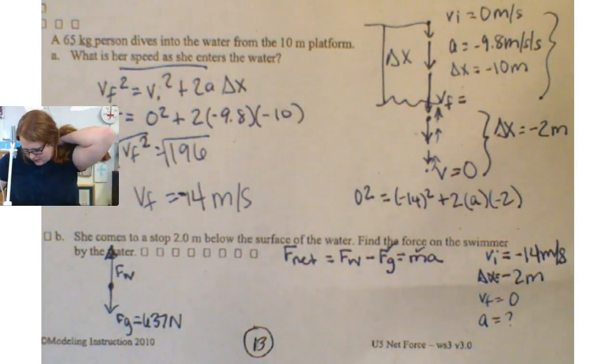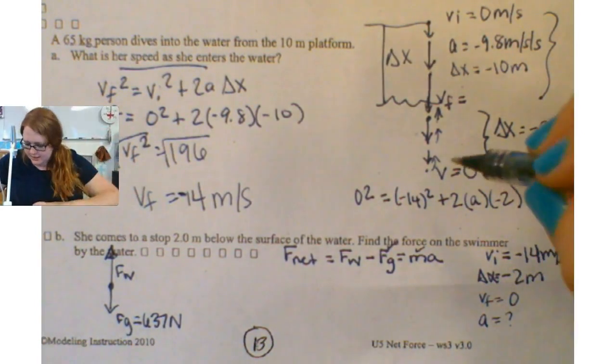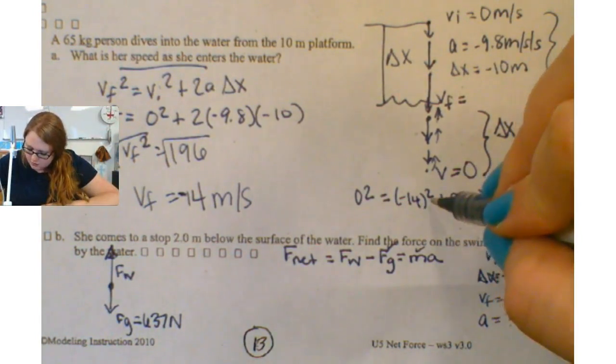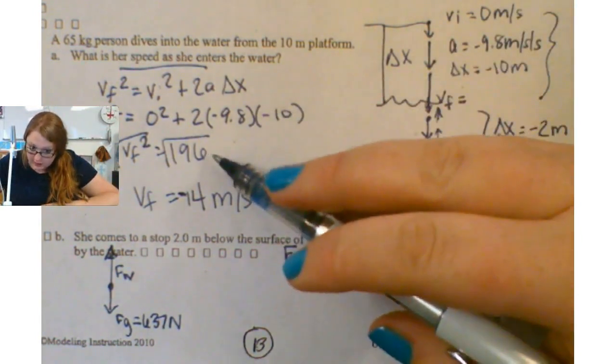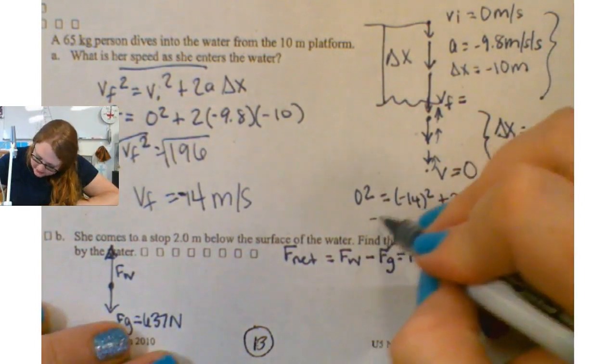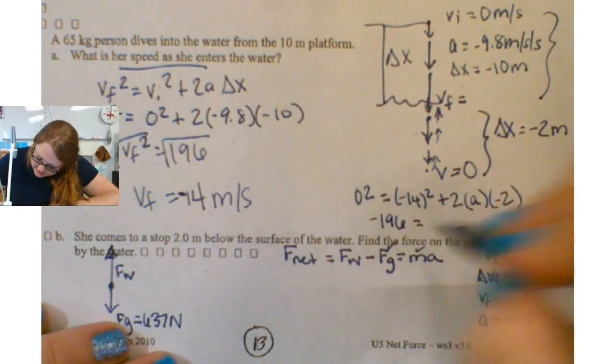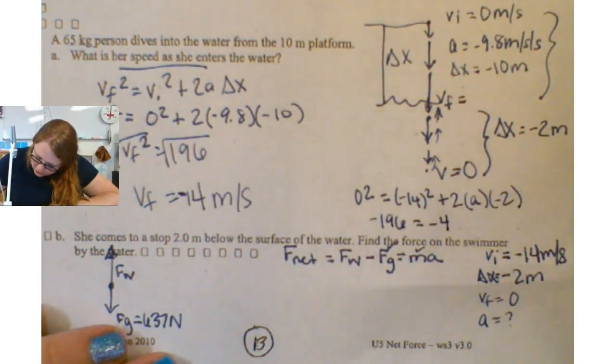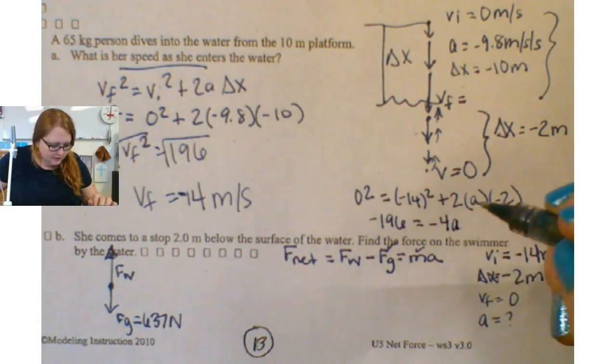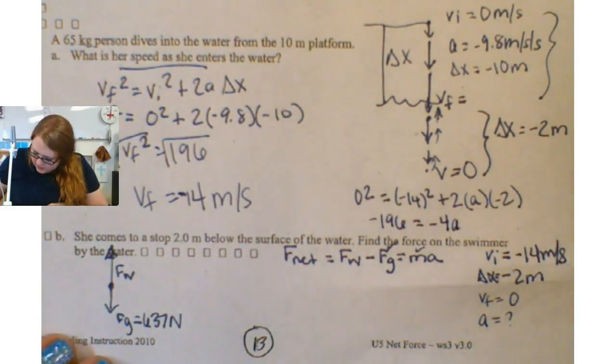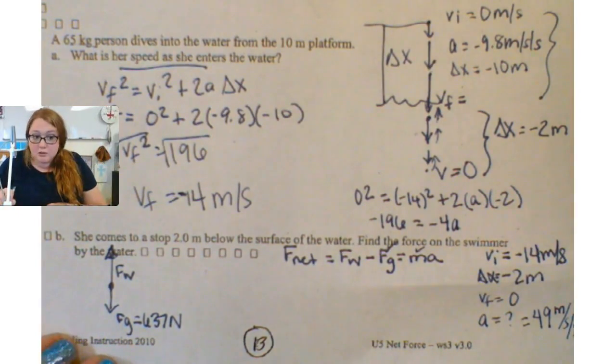So this is 196. So -196 equals -4 times acceleration. So my acceleration is going to be a positive 49 meters per second squared. Now you say that's a pretty large acceleration.